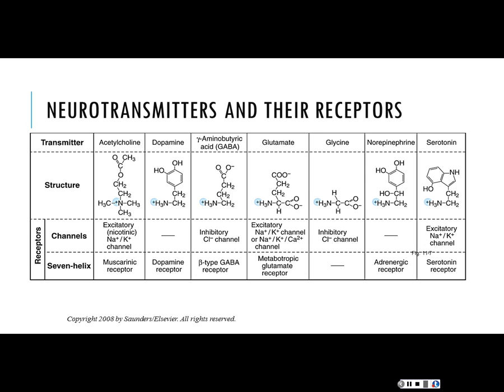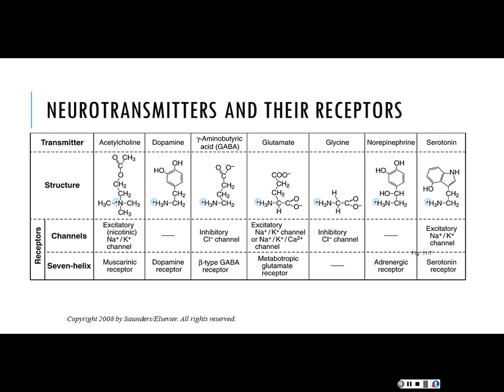It only opens up chloride ion channels. Norepinephrine activates a second messenger. But for some neurotransmitters, some receptors are channels and some are G proteins. And so we've got some diversity in there. I love that, right? Multiple variations.